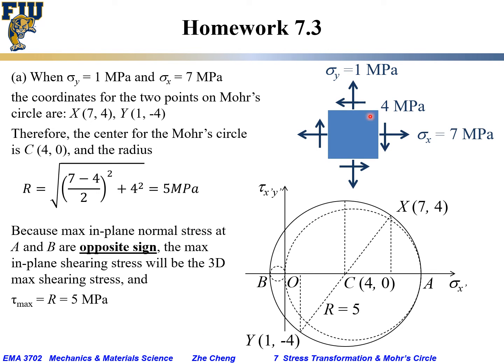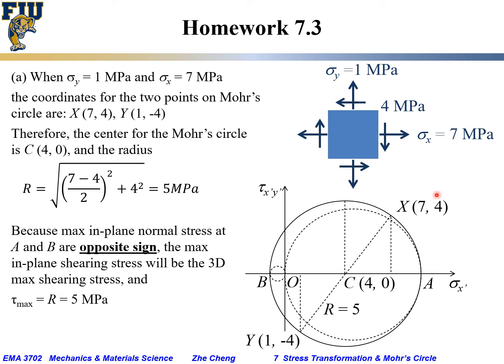So first, for the first scenario, when sigma y is 1 and sigma x is 7, this is our plane stress state. We can solve this by Mohr circle. With this local plane stress state, we know the coordinates for two related points on the Mohr circle.